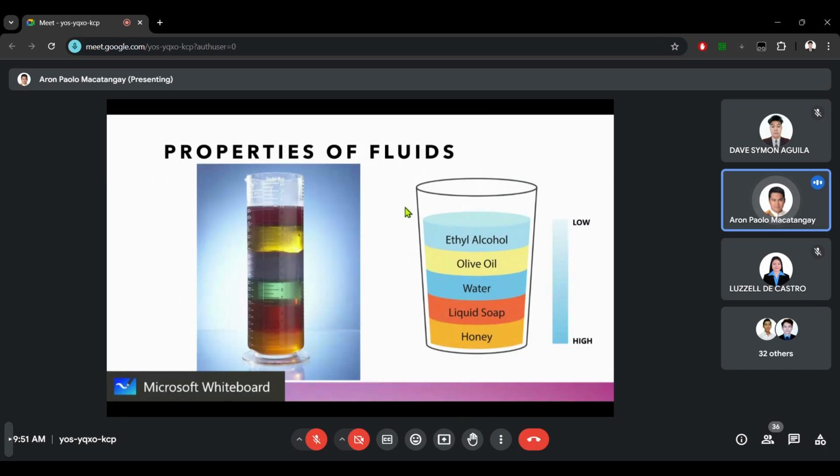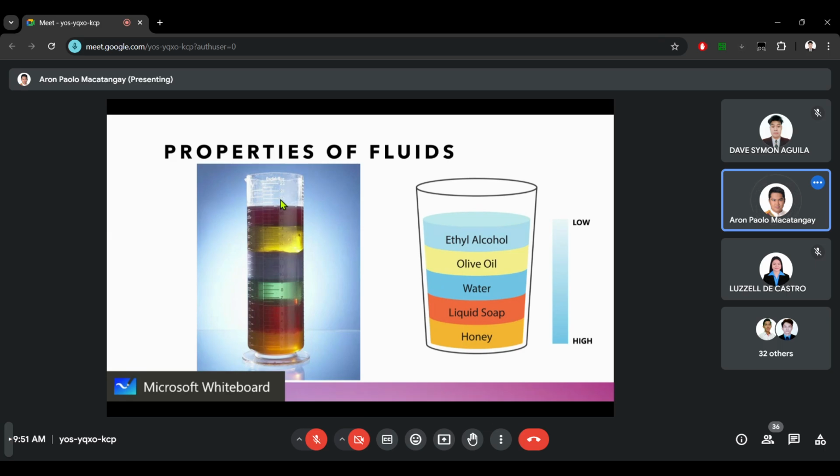This density is also the reason why if you put different fluids in a container, they will sometimes create layers. They will not mix, but they will create layers.